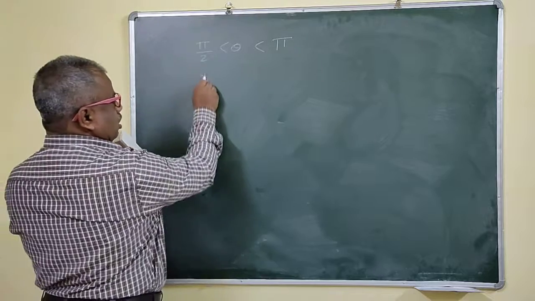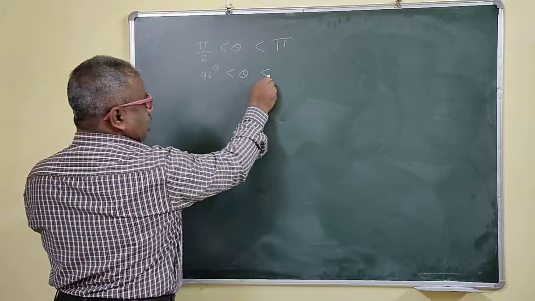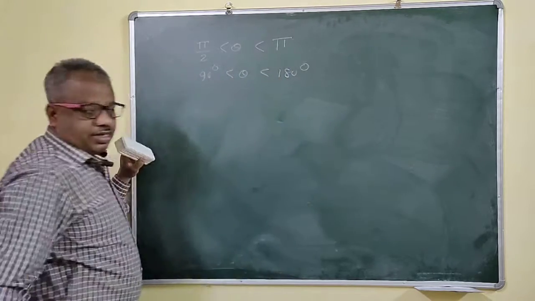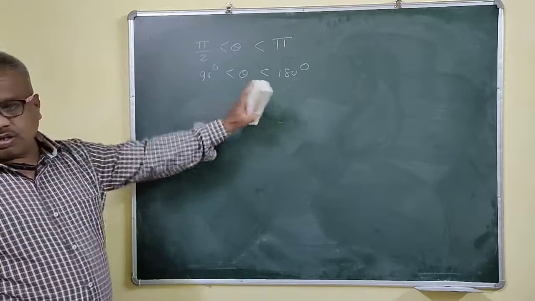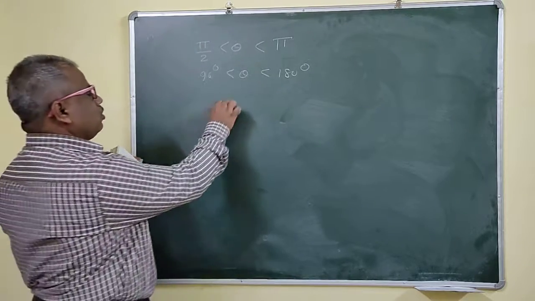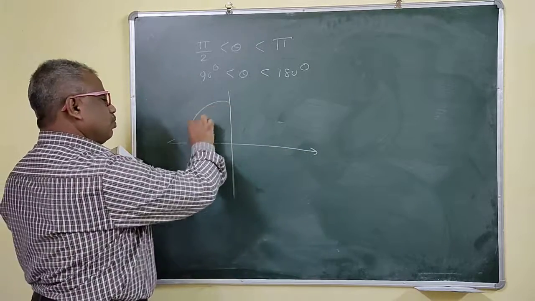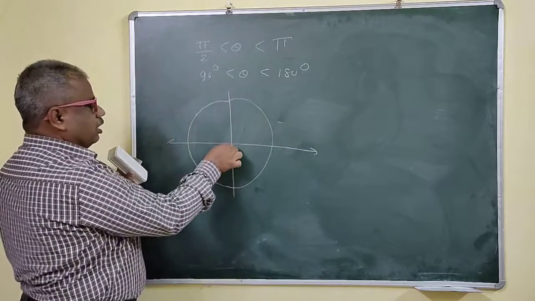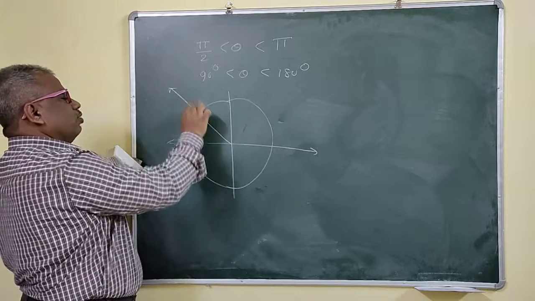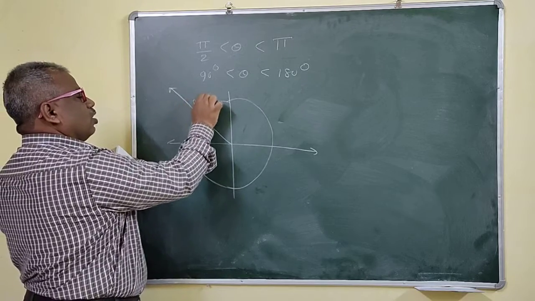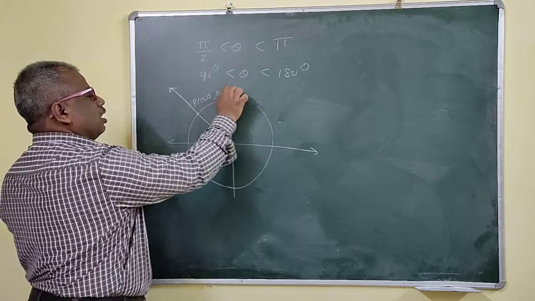That is 90 degree less than theta less than 180 degree, not 90 degree and not 180 degree. This is the standard unit circle, and the terminal arm intersects here. This is your P, cos theta, sin theta.